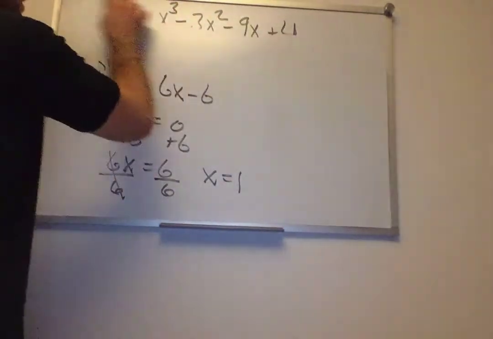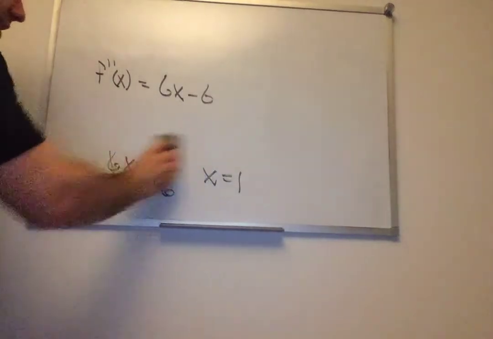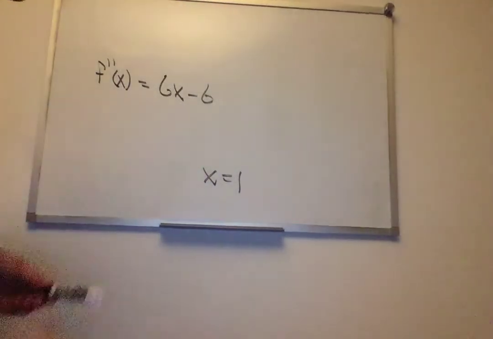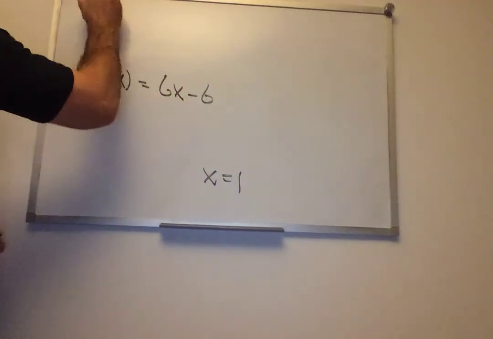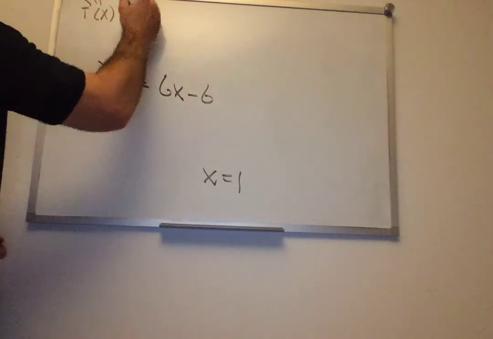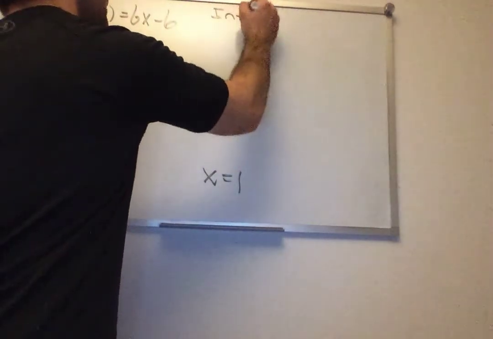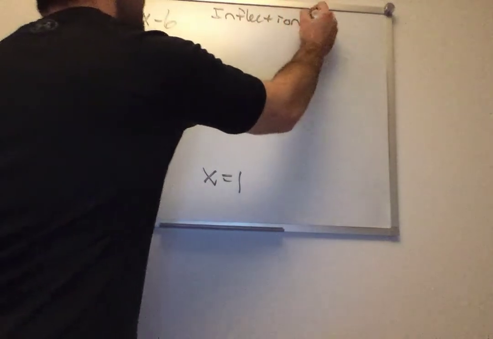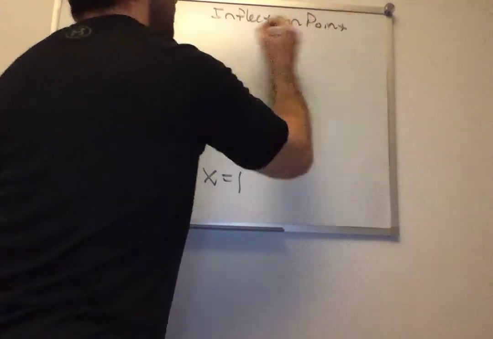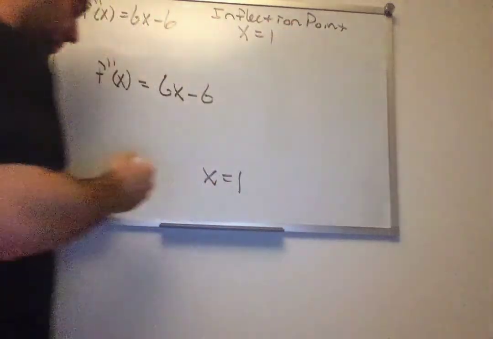So we just need the second derivative and the inflection point. I'll write my second derivative over here, and the inflection point x equals 1.